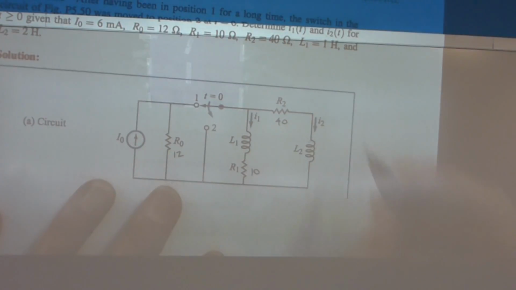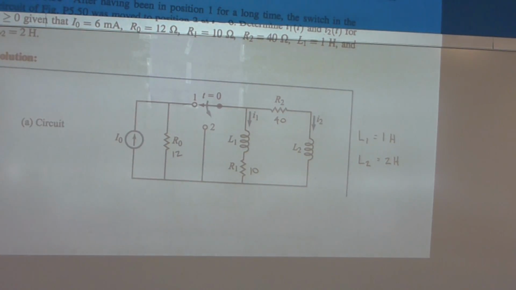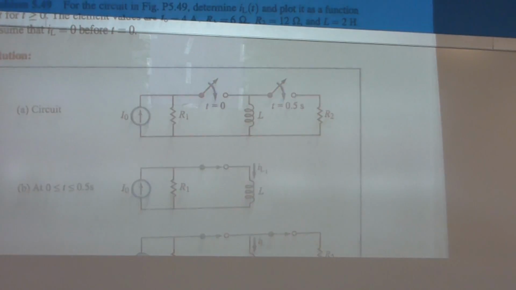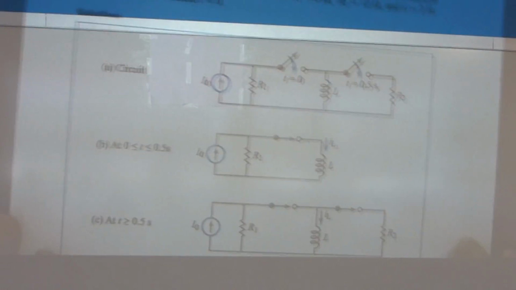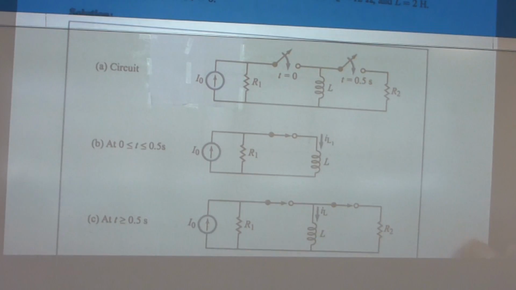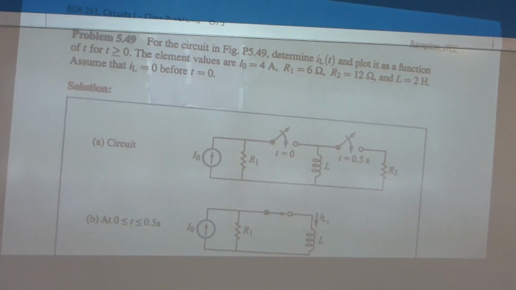I'm just going to write off to the side, L1 equals 1 Henry, L2 is 2 Henries, is not the problem that I have next. Hang on a minute. We want to do this one next, sorry. My apologies. All right, so here's the circuit we want to do next.